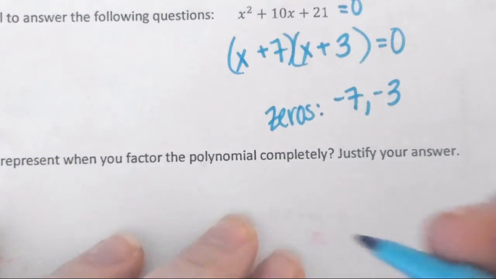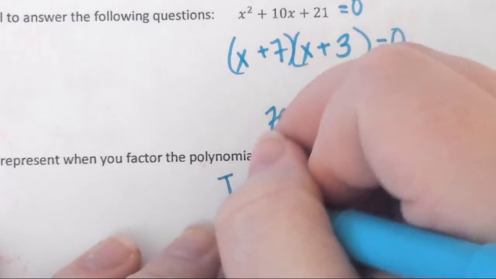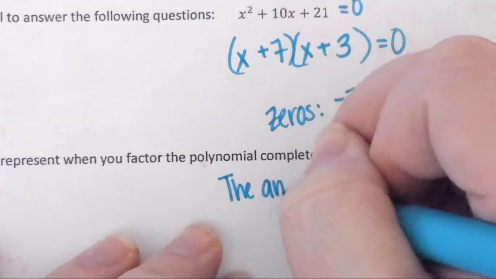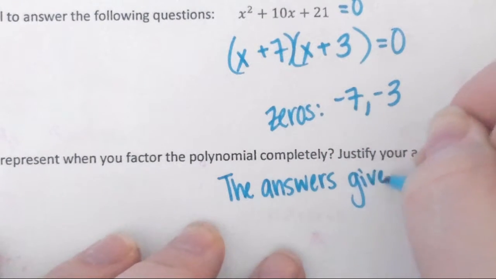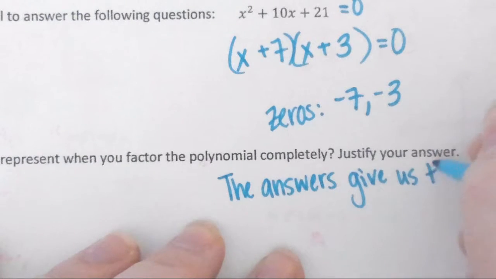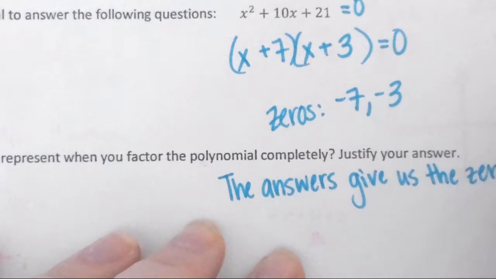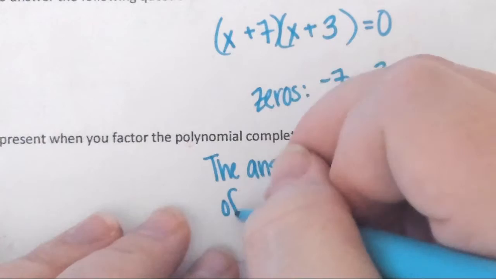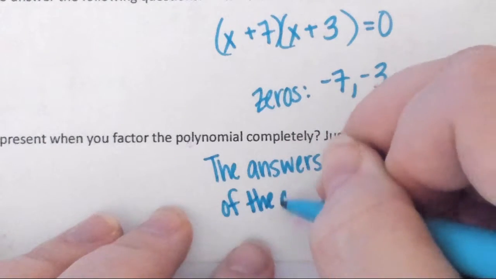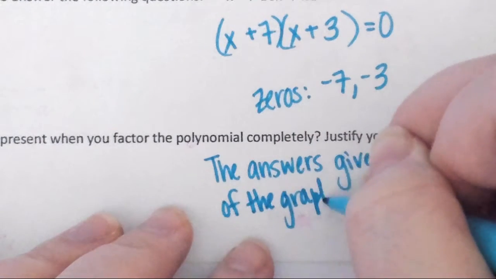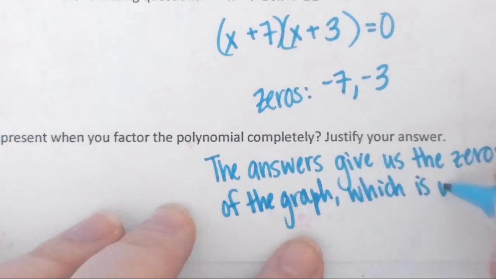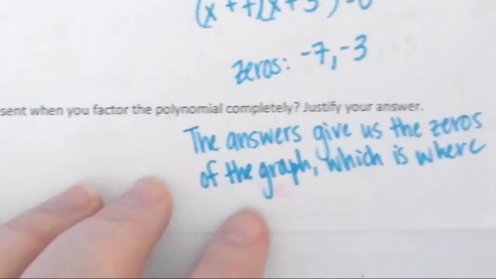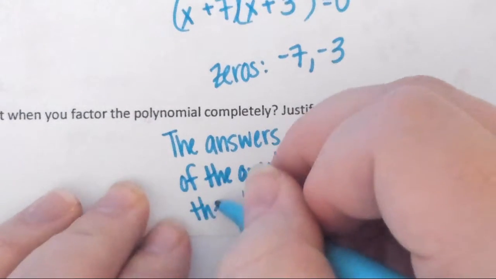Okay, so what do the answers represent? The answers give us the zeros of the graph, which is where the graph.